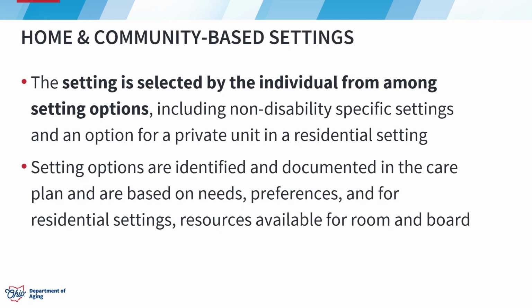And for those who are living in an assisted living, additionally, those folks have the option for a private unit in the assisted living, and they have the resources available for room and board. Again, we're going to talk about how to reflect that in the documentation in a bit.